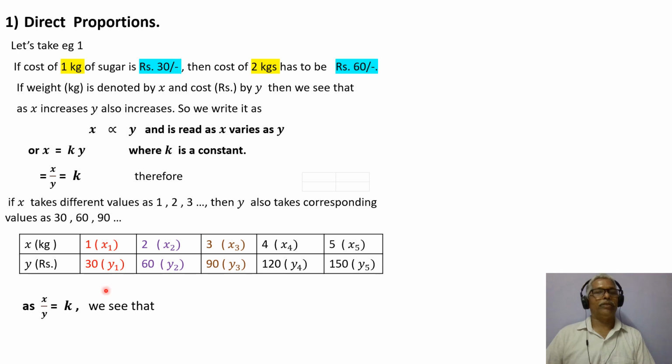If it is 1, it's 30, if it is 2, 60, then 3, it will be 90, 4, it will be 120, and 5 will be 150. Okay, as x upon y is equal to k, we will continue the same thing on the next slide.